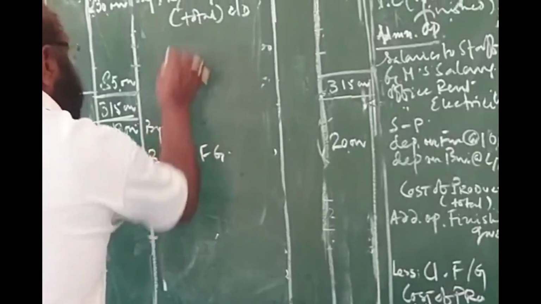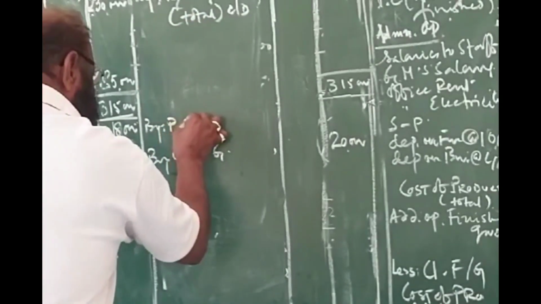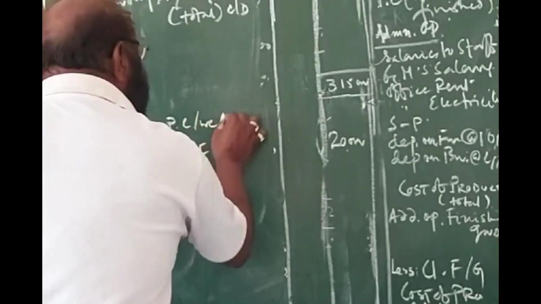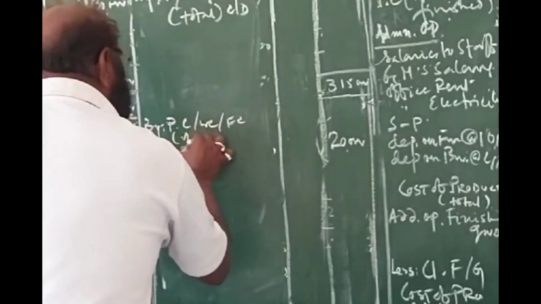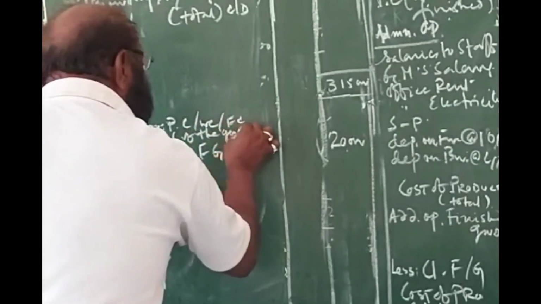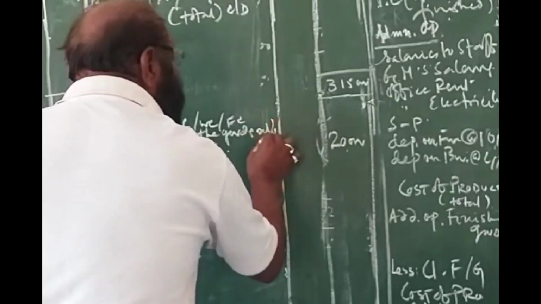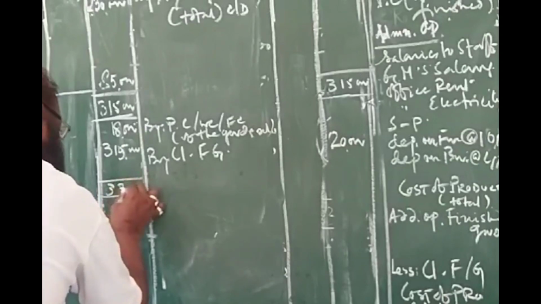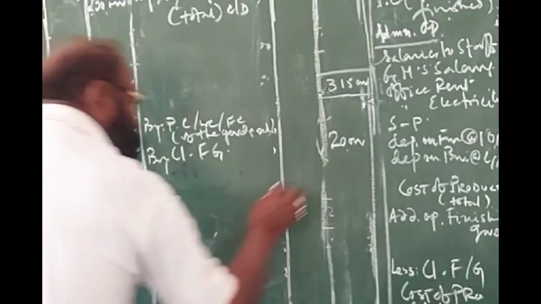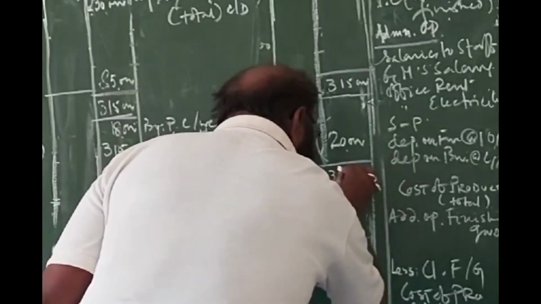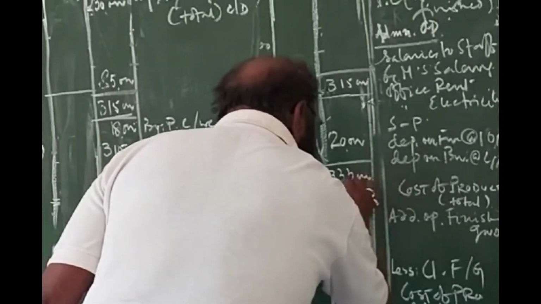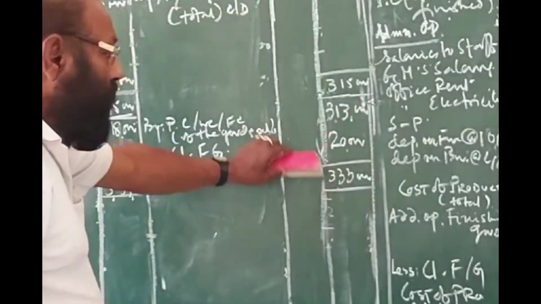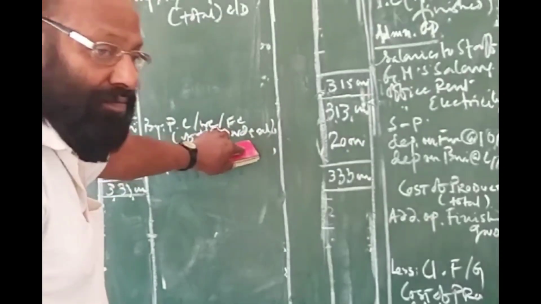The difference is the production cost, or works cost, or factory cost of the goods sold. How much is it? 3,33,000. That is the cost of production of the goods sold. Clear?